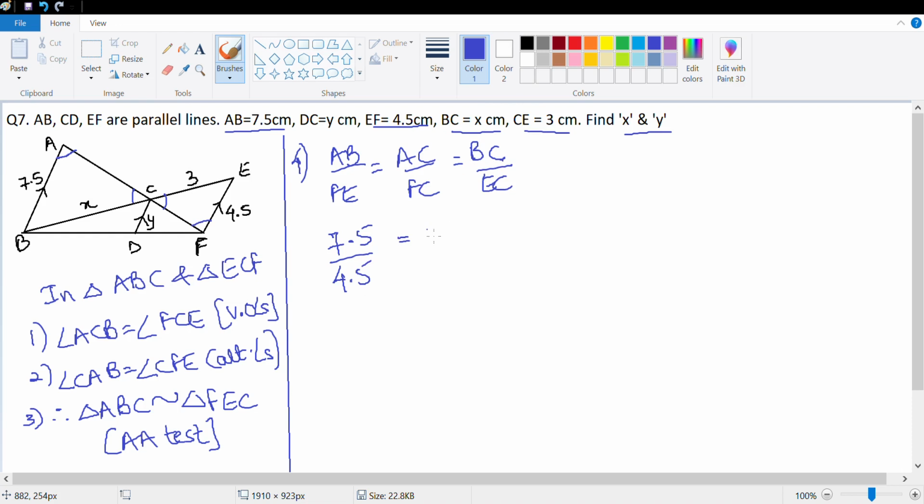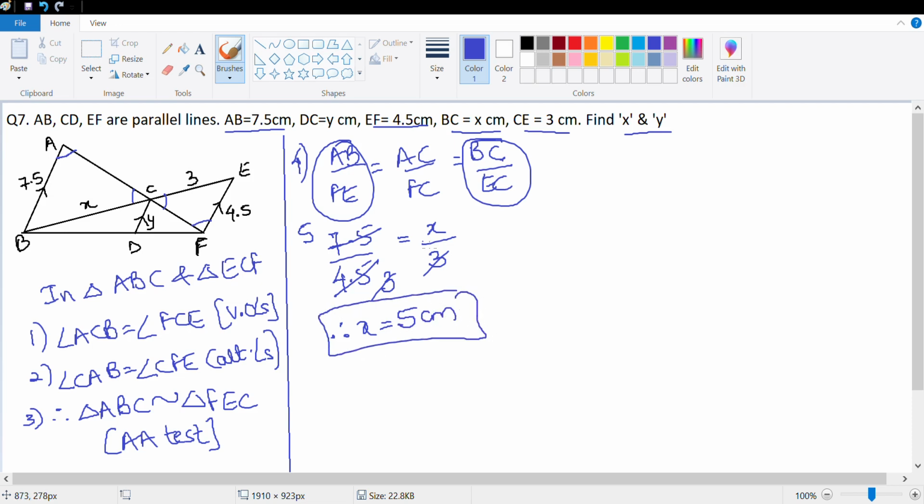BC is X, and EC is given equal to 3. Right? BC and EC and AB and FE. So this is 15 into 3 and this is 15 into 5, removing the decimal, and 3 and 3 get cancelled. Therefore, X is equal to 5 centimeter.